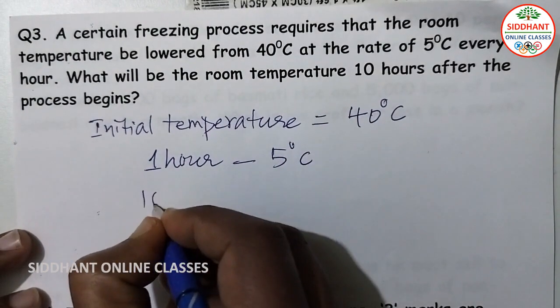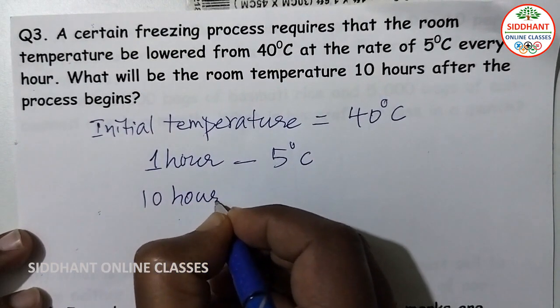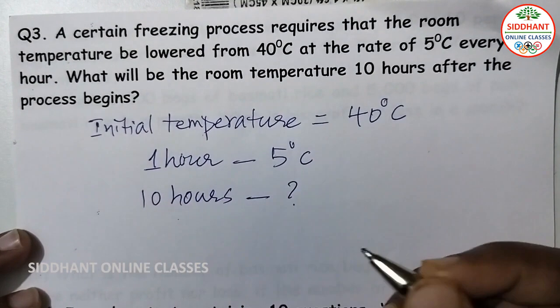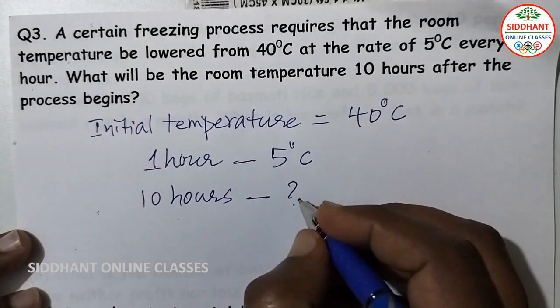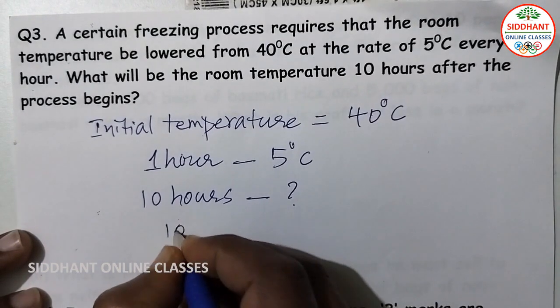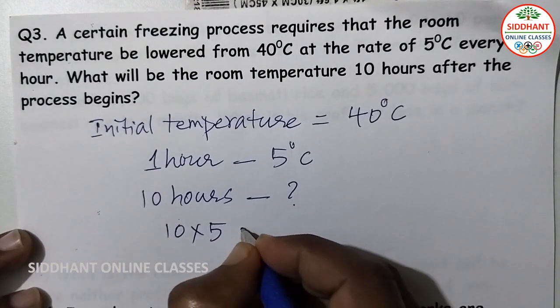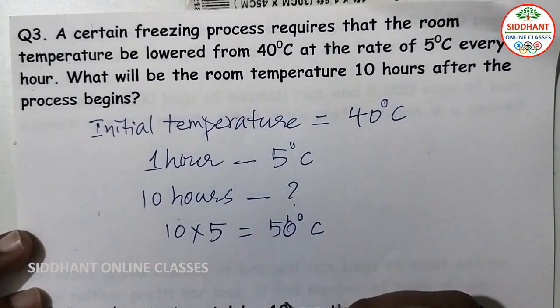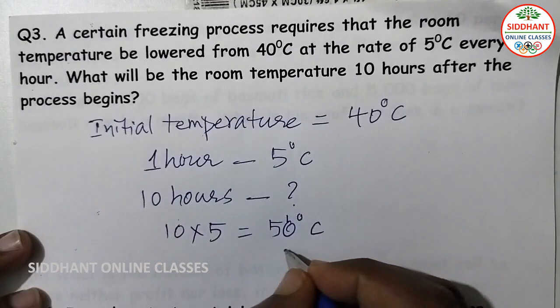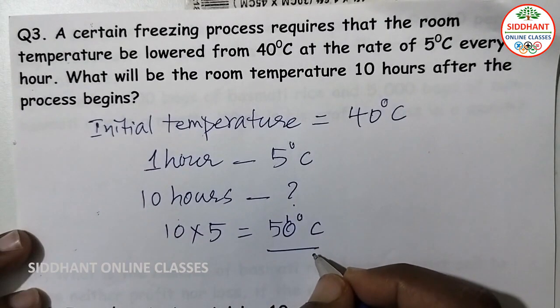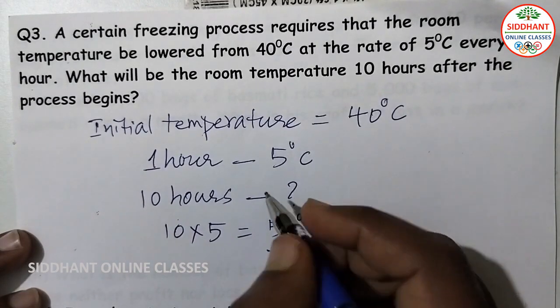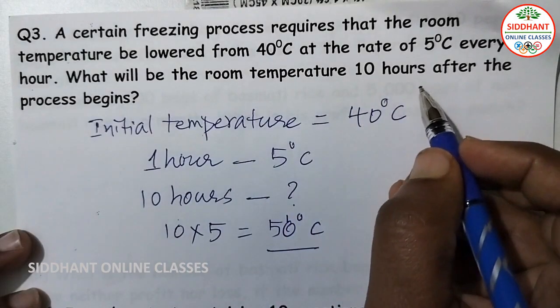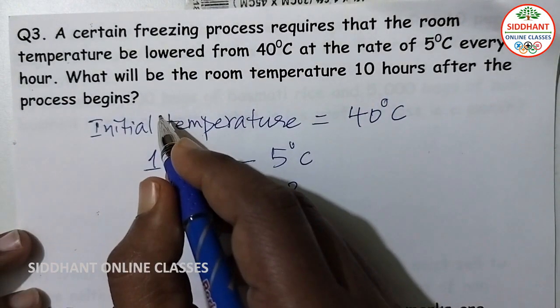Then for 10 hours, 10 into 5 will be 50 degrees Celsius. So after 10 hours we see a change of 50 degrees Celsius.